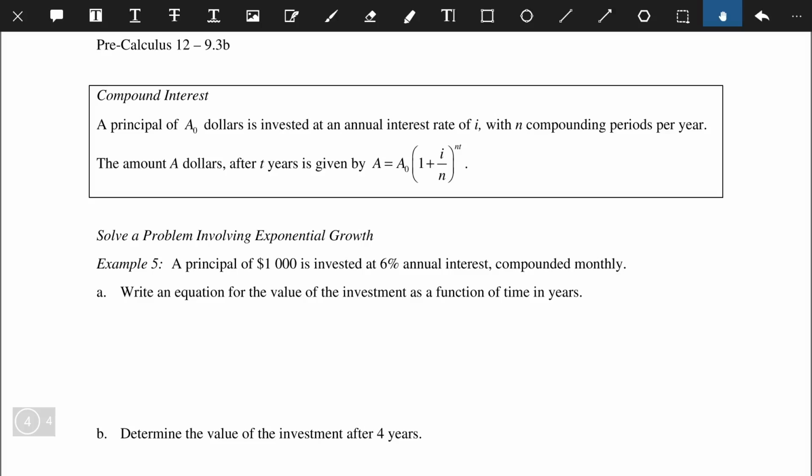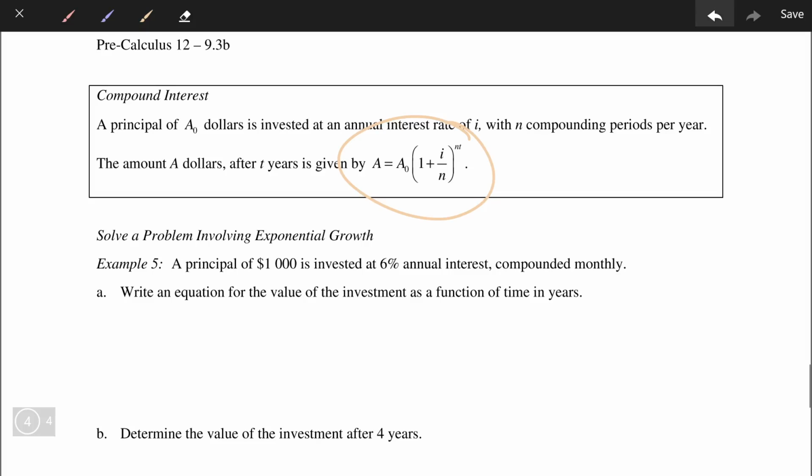So typical compounding periods would be annually, so that's once a year, semi-annually, so twice a year, quarterly, so 4 times a year, monthly, so that's 12 times a year, weekly, 52 times a year, and finally daily, that will be 365 days in the year. So the amount $A after t years is given by this equation right here.